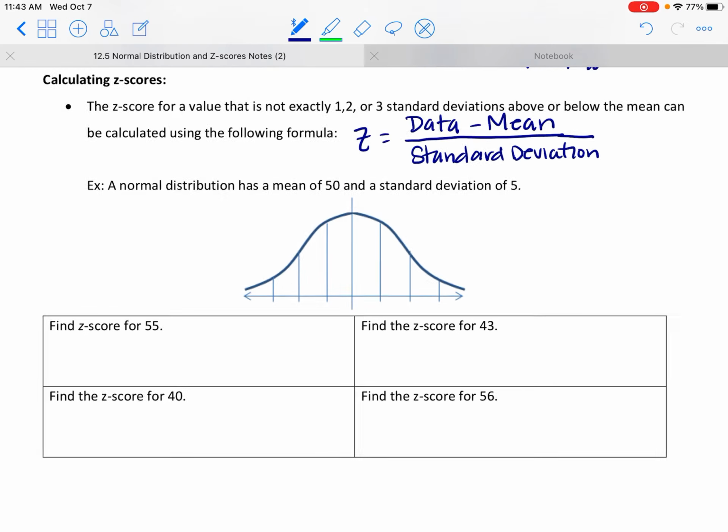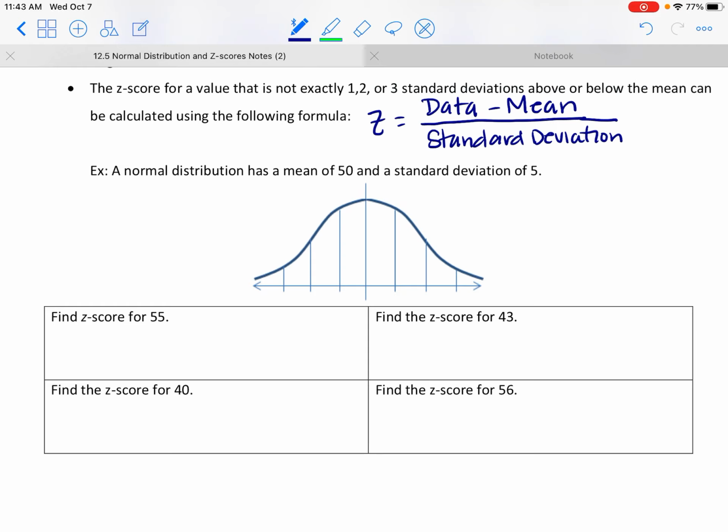Okay, so for example, let's say a normal distribution has a mean of 50, so I know 50 would go here, and a standard deviation of 5, so I can add 5 once, twice, a third time. I can subtract it once, twice, a third time. So this would be a z-score of 0. This would be a z-score of 1 and 2 and 3. And minus 1, and minus 2, and minus 3.